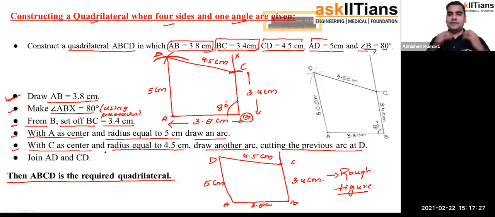So these are the steps that you have to follow whenever they ask you to construct any quadrilateral in which you are provided four sides and any one angle of the given quadrilateral. Please go through it.